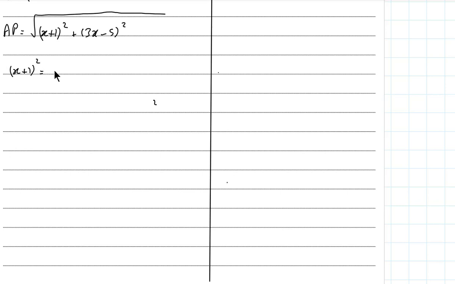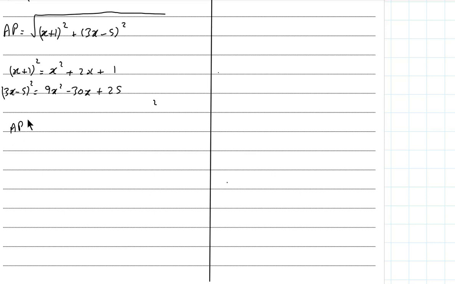Expanding x plus 1 all squared will give us first squared, and then 2 times first times second, plus 2x, plus second squared, which is 1. And expanding 3x minus 5 all squared will give us 3x all squared, 9x squared, and then 2 times first times second, it will be minus 10 times 3, minus 30x, and finally plus 25.